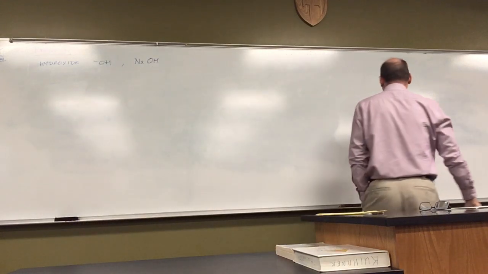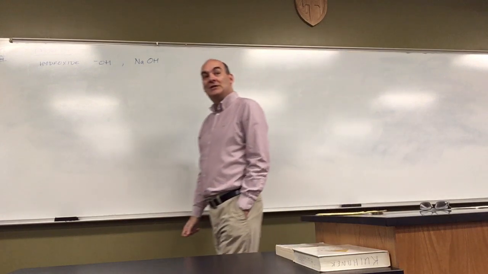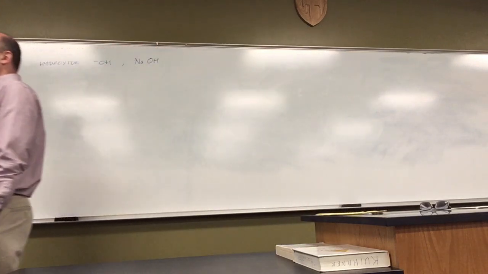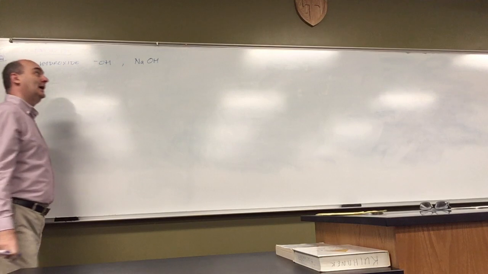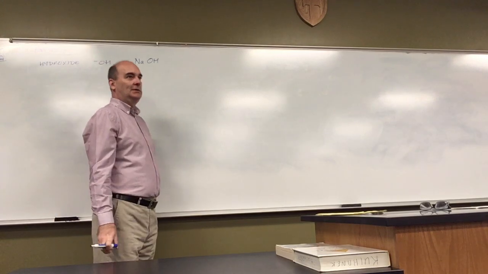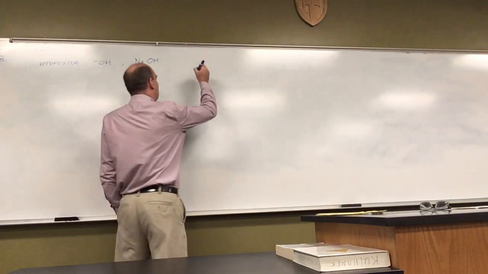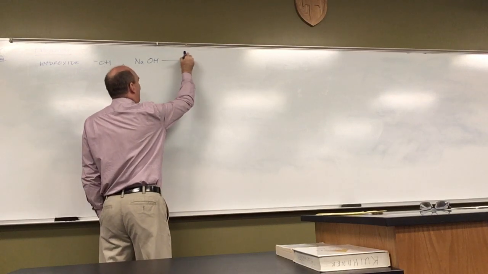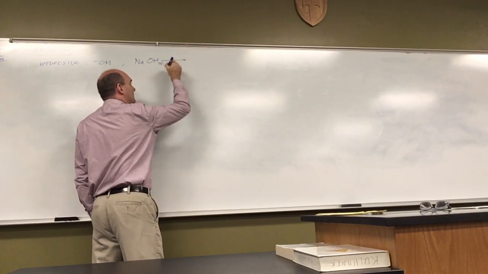Now, the deal with sodium hydroxide is very much the deal that we saw with hydrochloric acid and with hydrobromic acid and with hydroiodic acid. So this will be a solid.